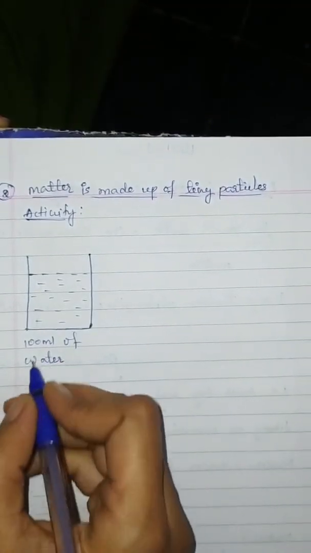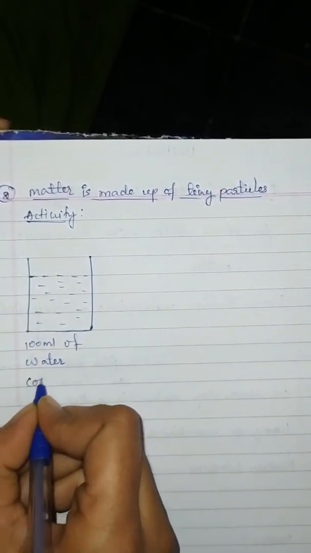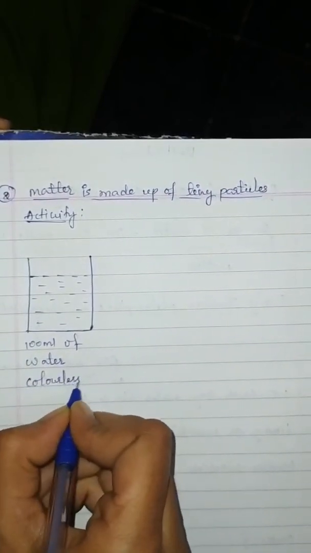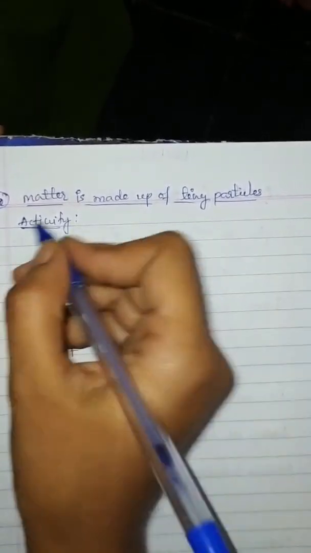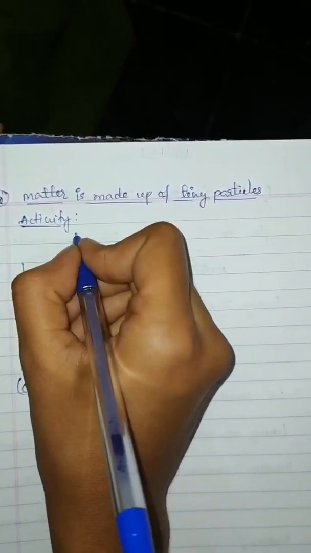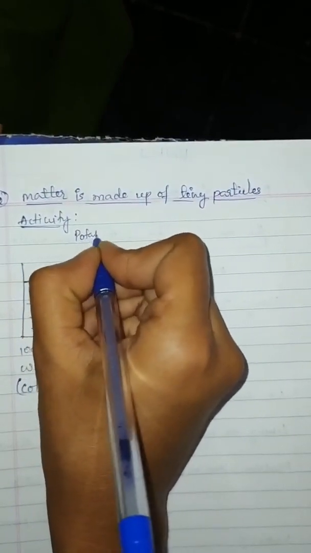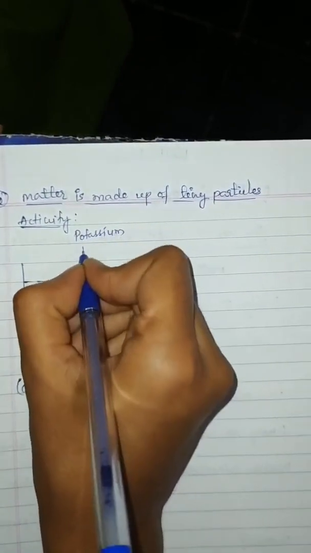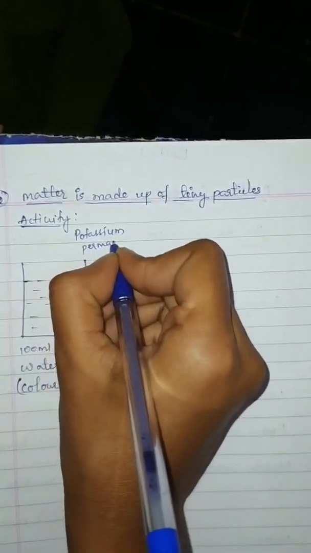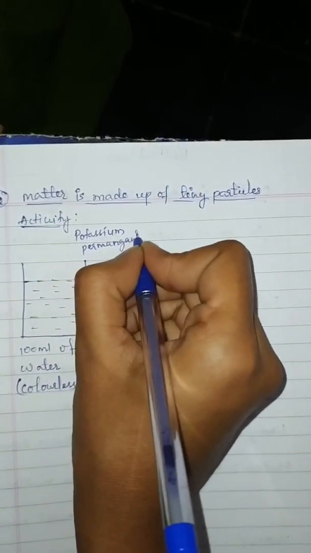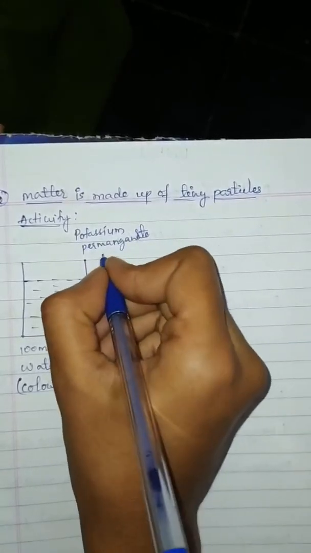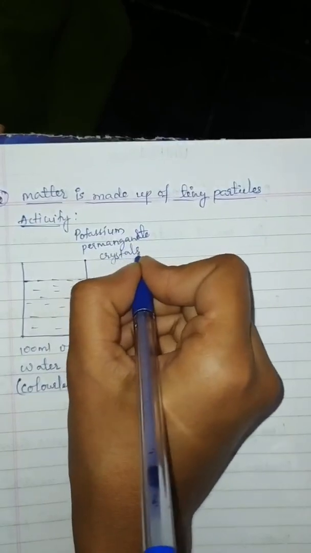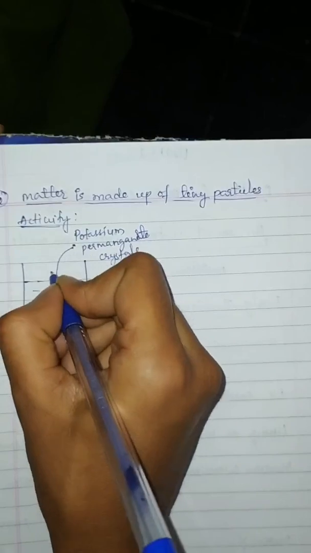Usually we know that water is colorless. Now I will add some potassium permanganate crystals into this water.